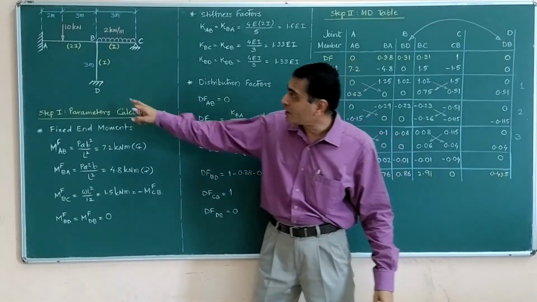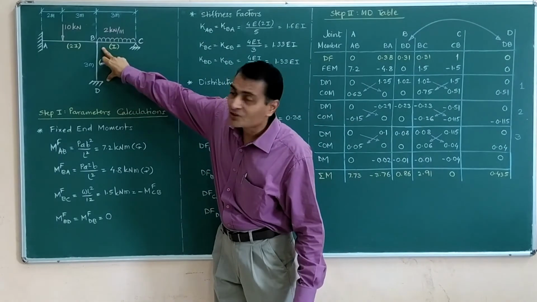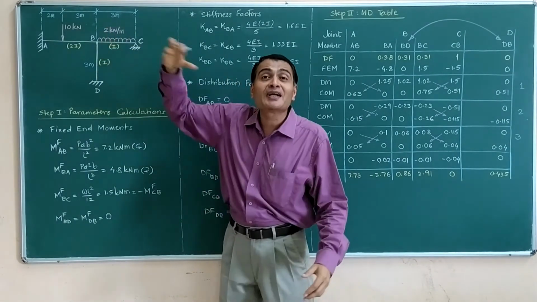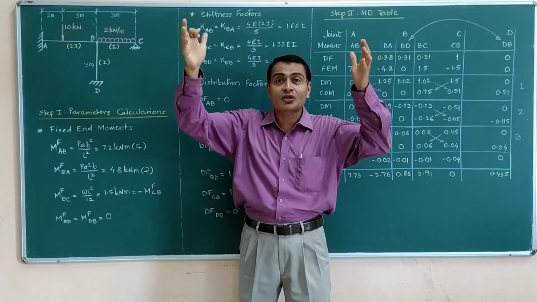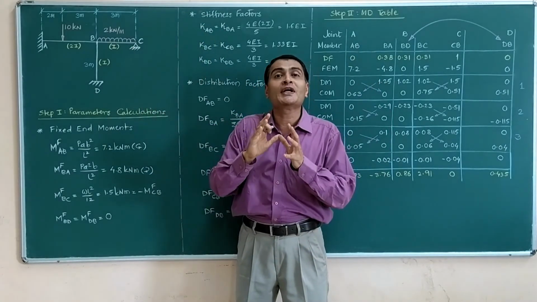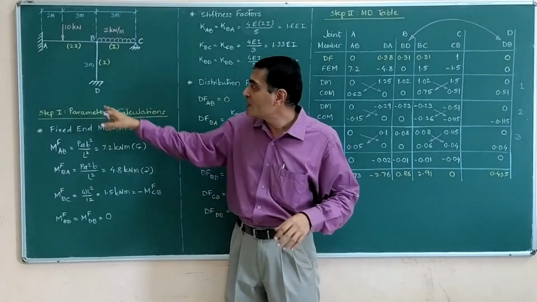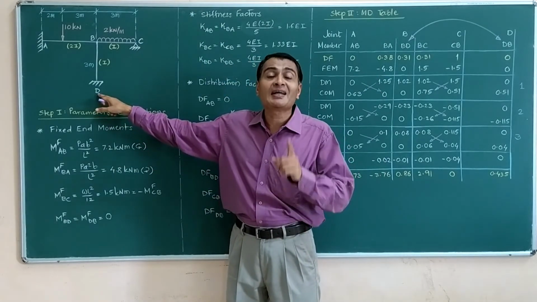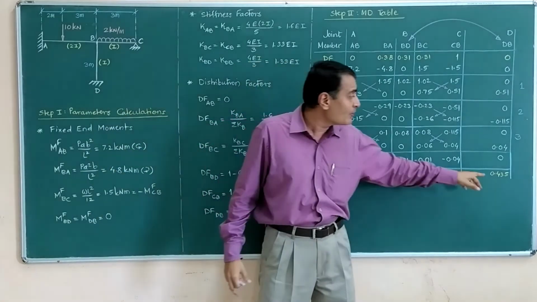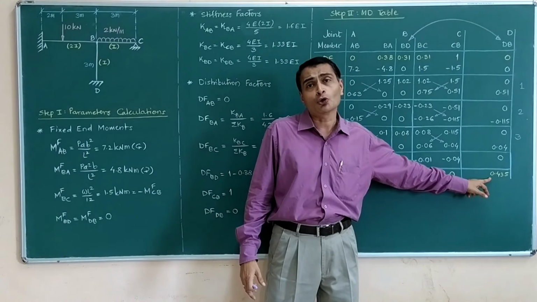So because this column is rigidly connected at B to the remaining structure, though there is no transverse load anywhere on BD, because of the rotation of joint B, some moment will be generated at D, and that moment is small in amount, of course, 0.435 kilonewton meter.